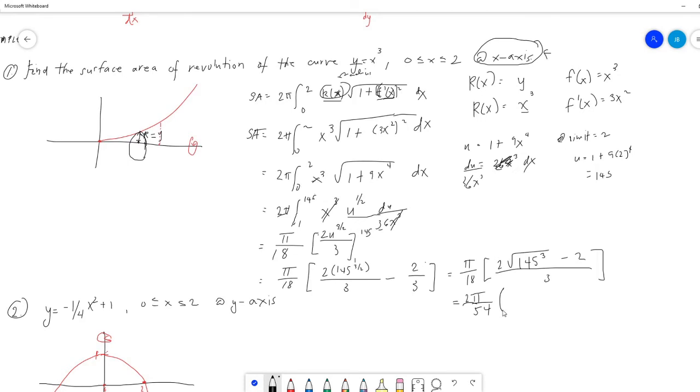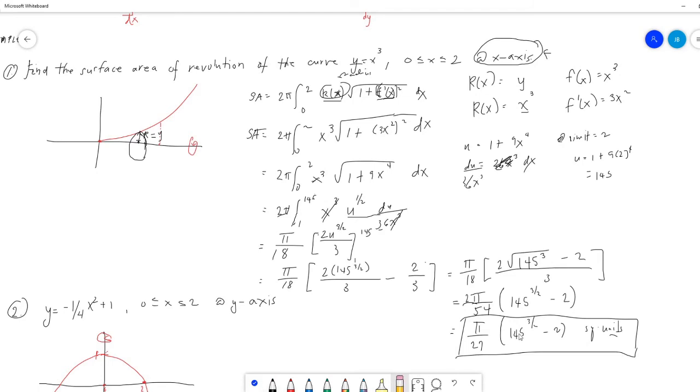So what's left here would now be 145 raised to 3 halves, minus 2. Or that's pi over 27 times 145 raised to 3 halves minus 2 square units. If you're asked to answer in decimal, then just convert that to decimal. Sorry, this should be 1, because we already factored out the 2, right?